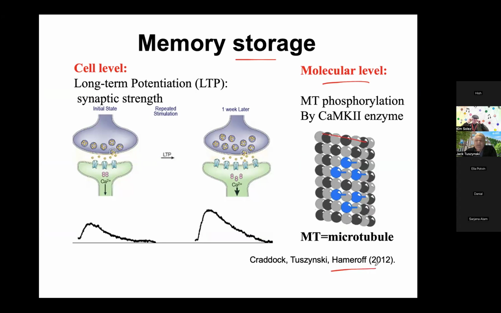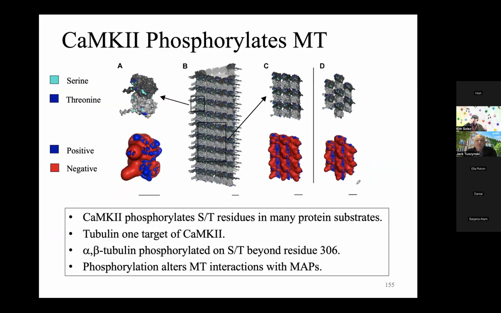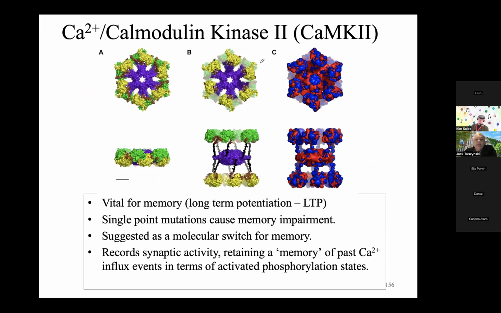We published this 12 years ago, and we showed through computer simulations that calmodulin kinase 2 phosphorylates preferentially serine molecules on the C-termini of tubulin in microtubules, and each phosphorylation event can be seen as a bit of information, and that's the enzyme.